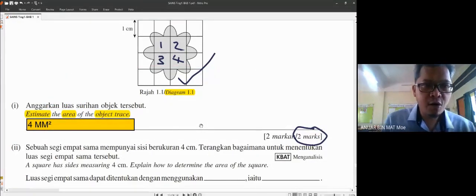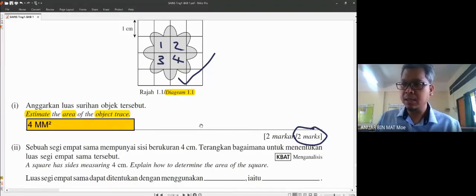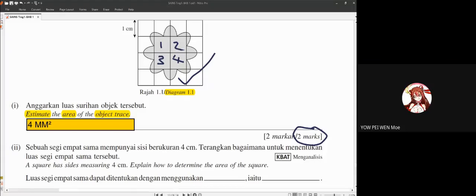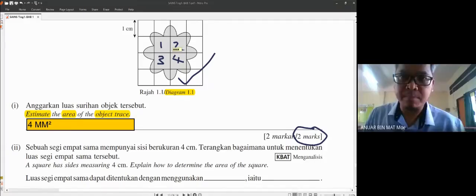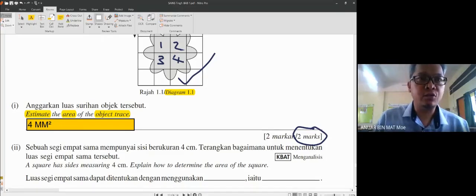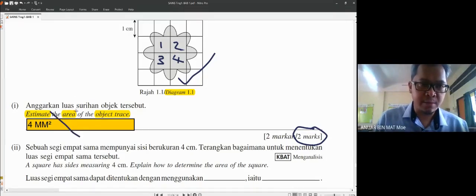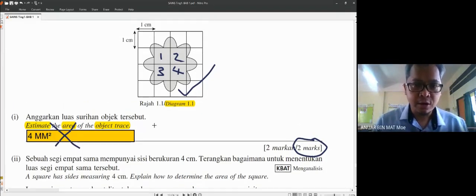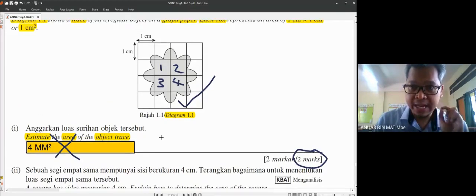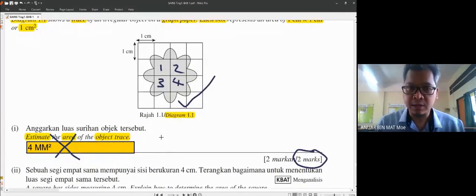Is the answer 4 millimeter square? Can I accept this or cannot? No. Cannot. You cannot accept this. This is a totally wrong answer. I cannot accept this because the requirement of the question is to write in centimeter, not in millimeter.